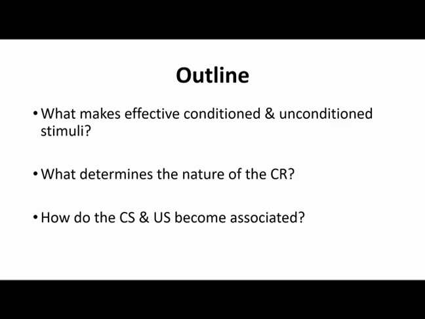The first thing that we think about in this case would be that the unconditioned stimulus is obviously going to be involved in determining the nature of our conditioned response. So if your unconditioned stimulus is food, then your conditioned response is going to be salivation, because of course it is.